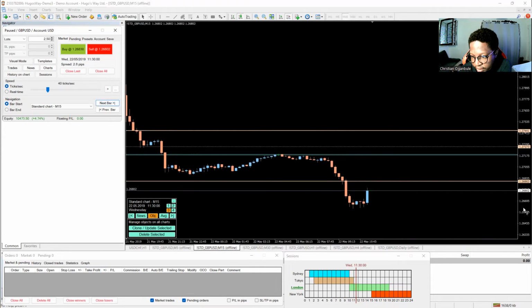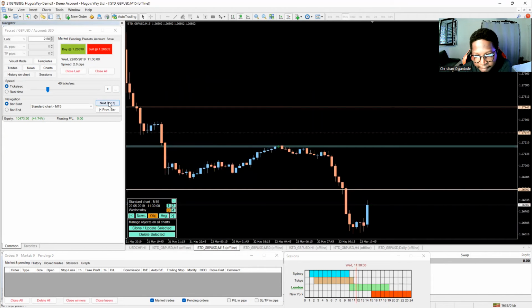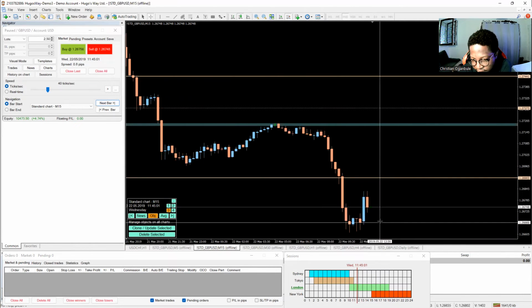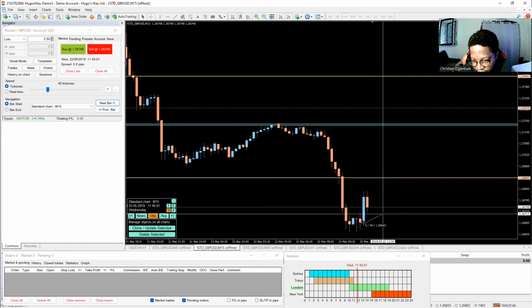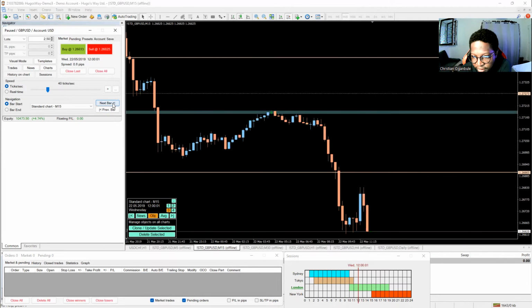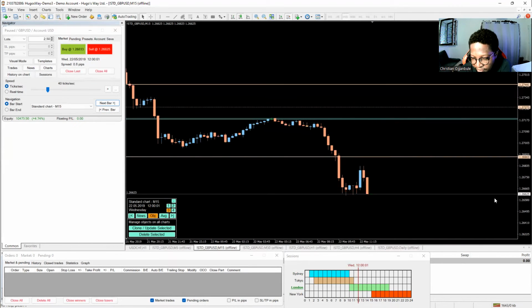Okay, this is like a pullback. Yeah, this is really suspicious, to be honest, because if you take the trade below here, you'll be running straight into support. So it may be a no trade day, and again, I'll be missing out on these sells again.